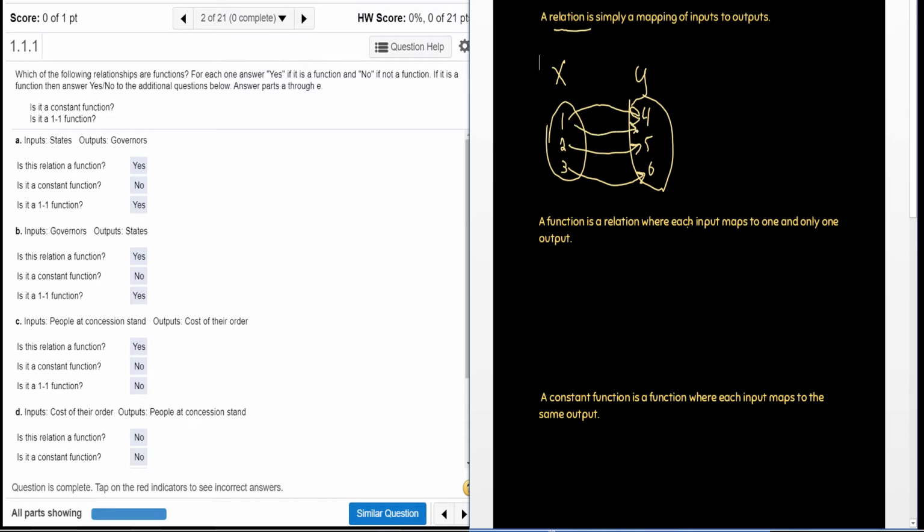A function is a particular type of relation where each input maps to one and only one output. So if I had something like this here, each input maps to only one output. So each input will go to one output. Here's another case here.